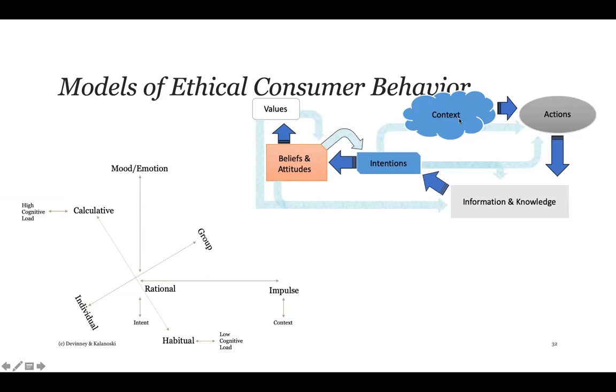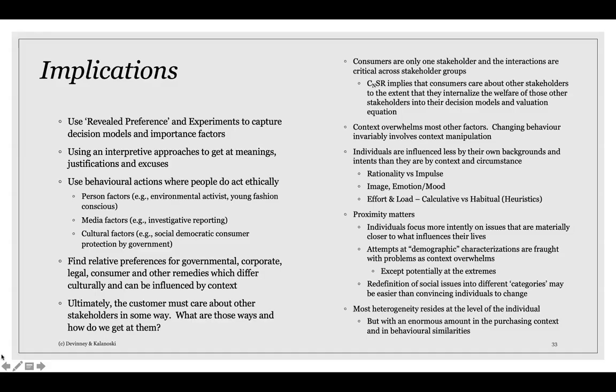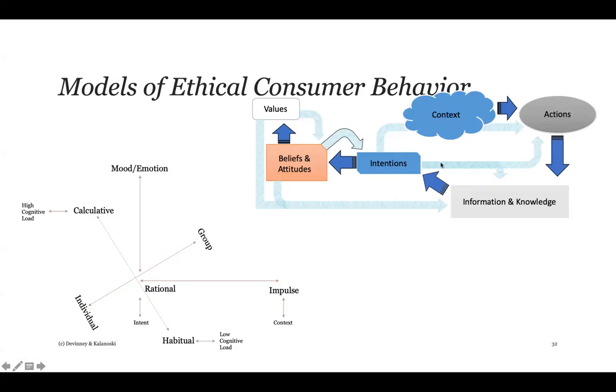But the model we tend to argue for is much more oriented around context and not around values. If you look at most of the research for the last 30 or 40 years in this area, it focused on values, beliefs, attitudes, and intentions. And it turns out that if you look at the predictive validity of these things, it's virtually zero.